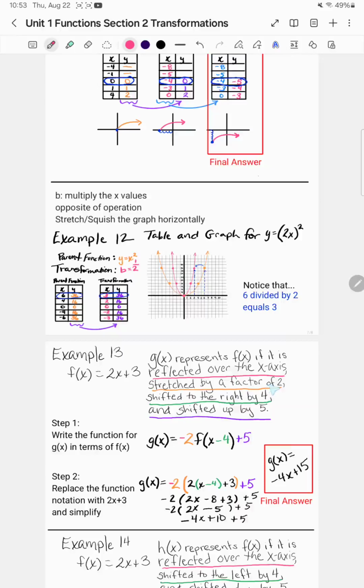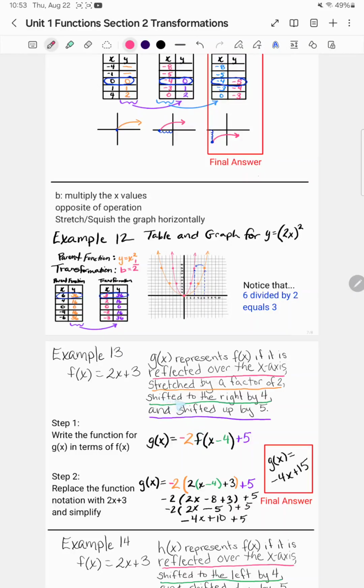So if it's stretched by a factor of 2, a is 2. So I change that, and I have -2 now. These two pieces give me an indication of what a is. If I wanted a to be a fraction, it would say stretched by a factor of 1/2, and then that's what a would be.